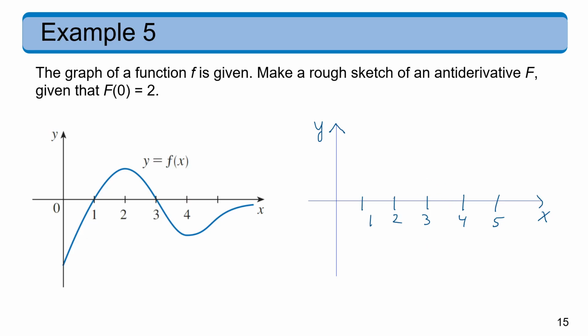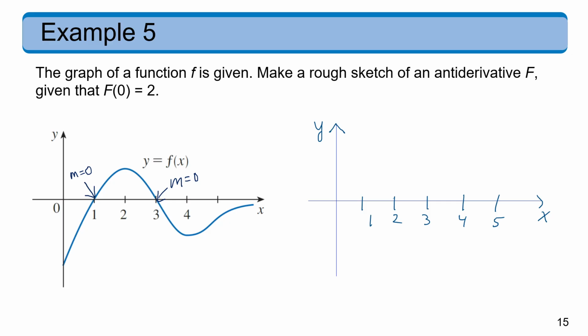So let's start making some notes here. We want the slope to be 0 at that point. Same thing at 3. The slope should be 0 for the antiderivative.